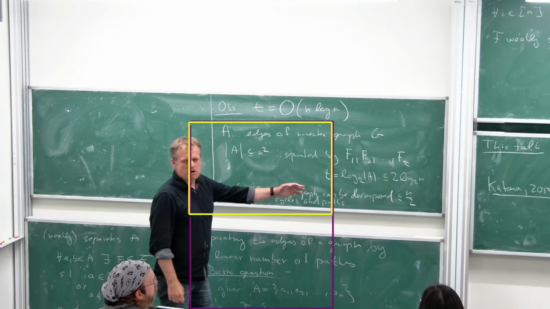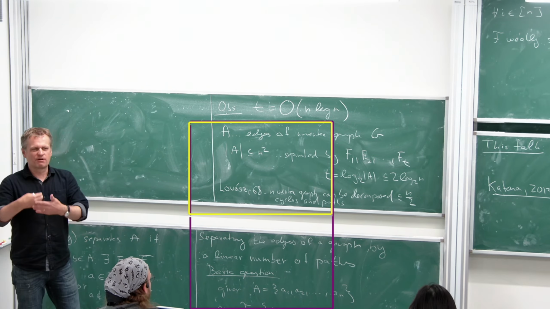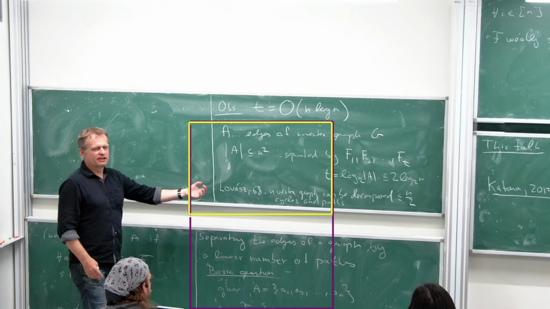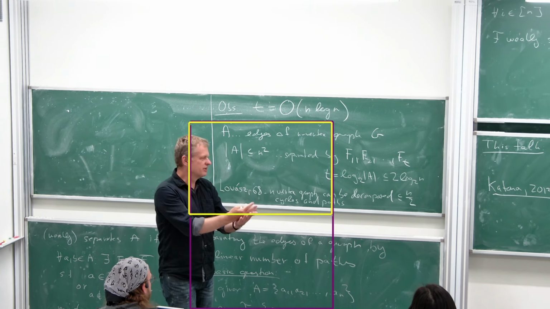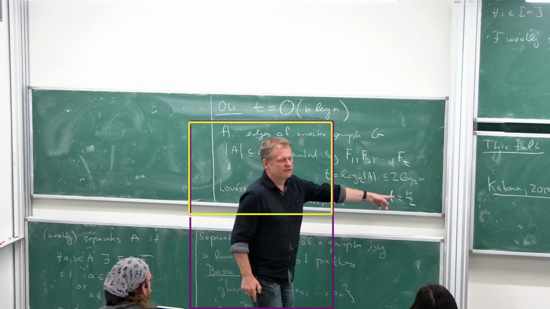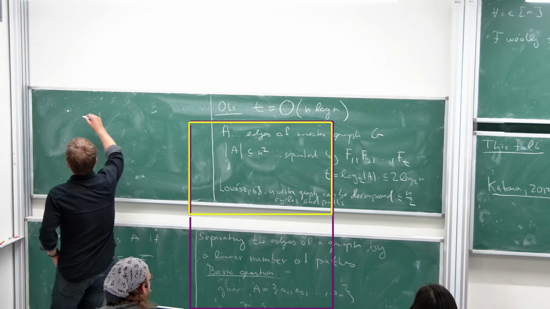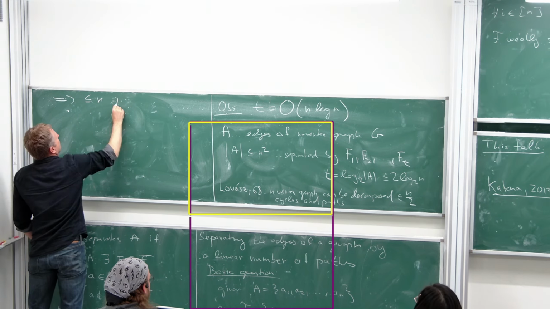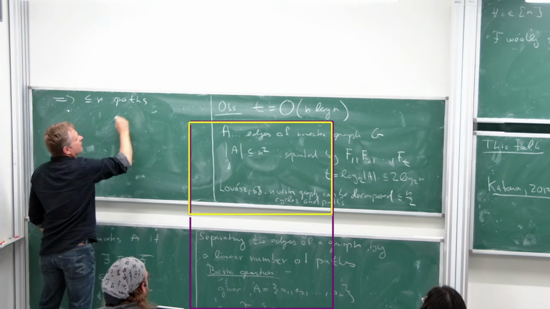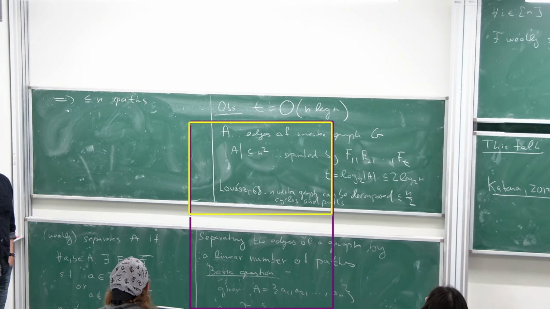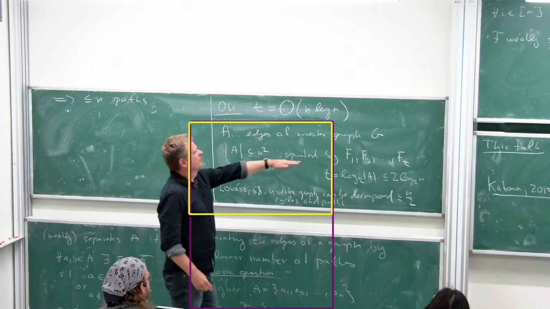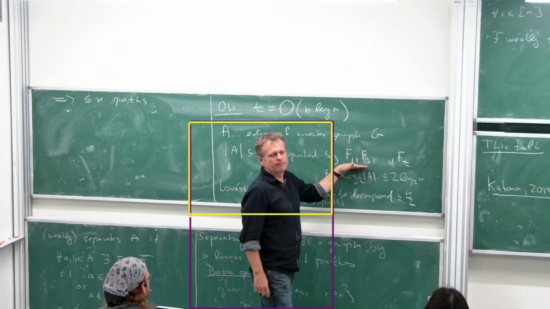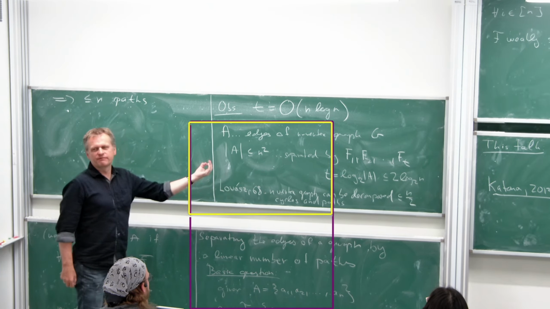Okay? You don't know how many cycles there will be or how many paths there will be, but surely every cycle you can cut into paths. You have at most n over 2 of them, so that means you can decompose it into at most n paths. And now it's easy what I'm going to do. I take F_1, F_2, ..., F_t, each of them separately. Each of them is a graph on n vertices.